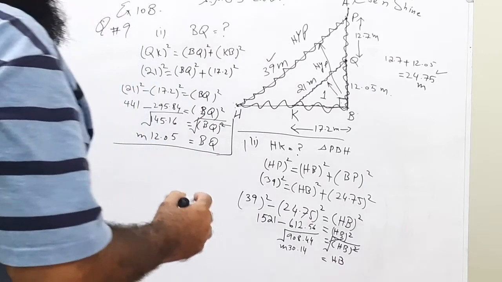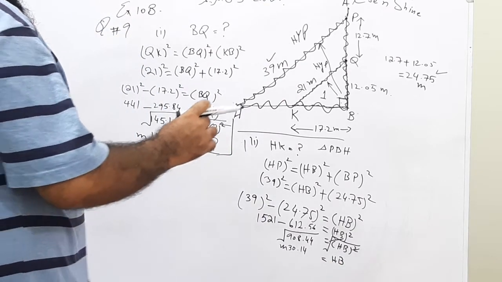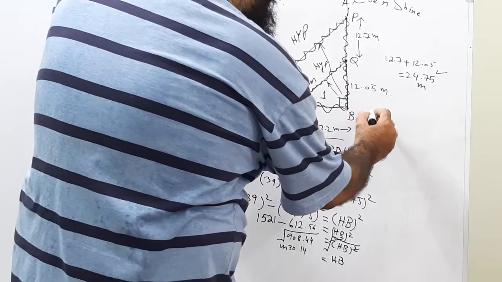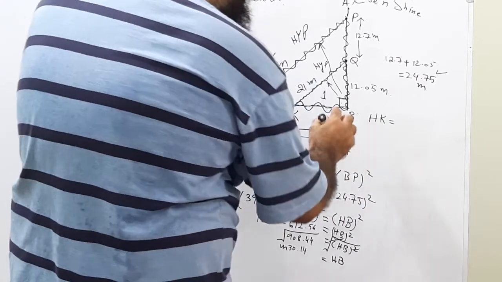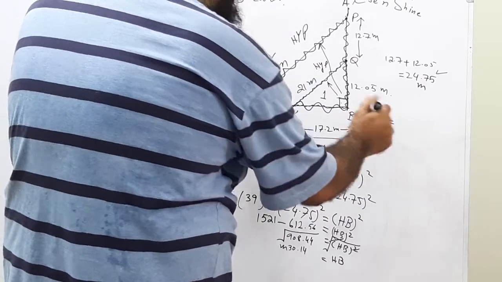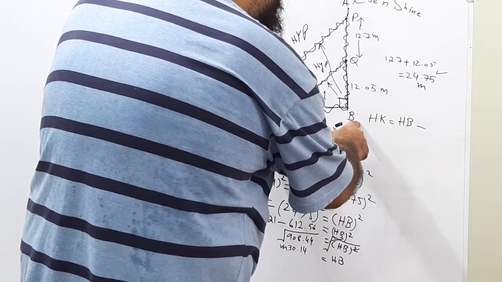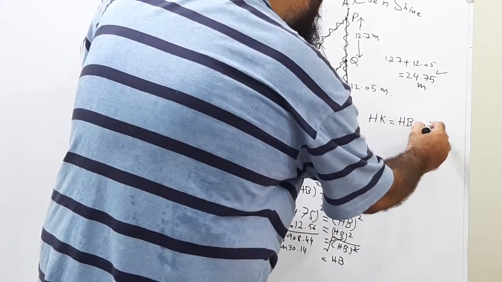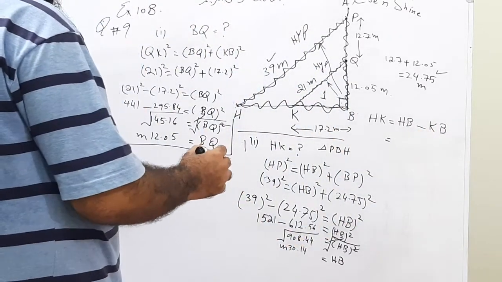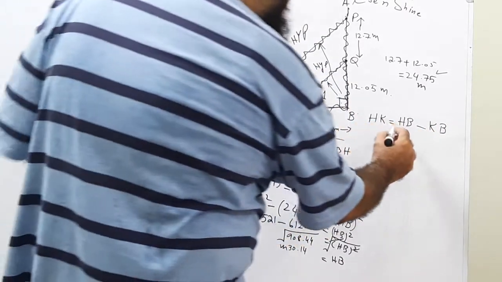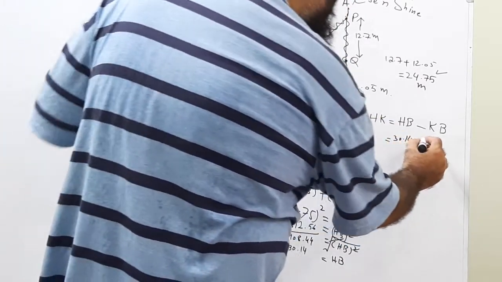So now in order to find HK, from this HB, the bigger one, we will subtract this one, KB. So we will get the answer. So HB is 30.14 minus KB is 17.2.